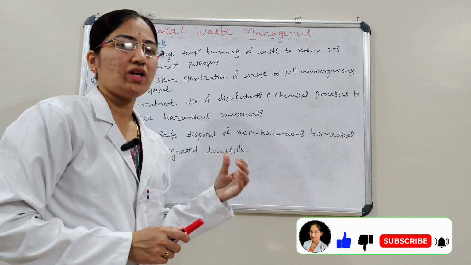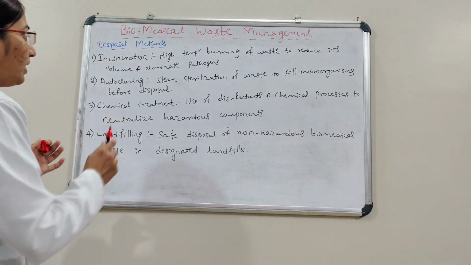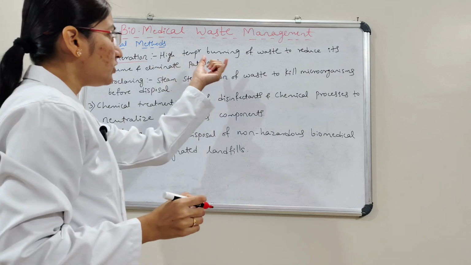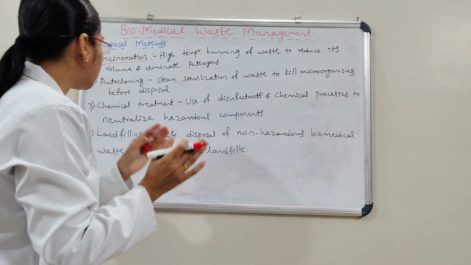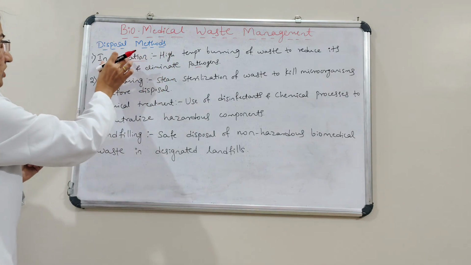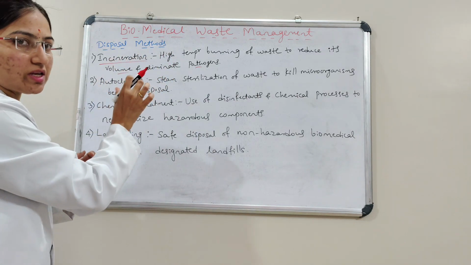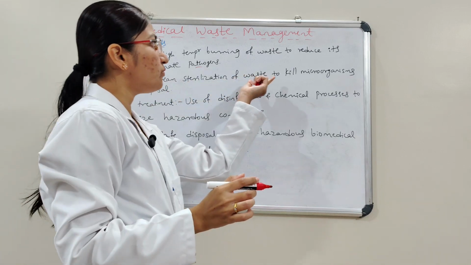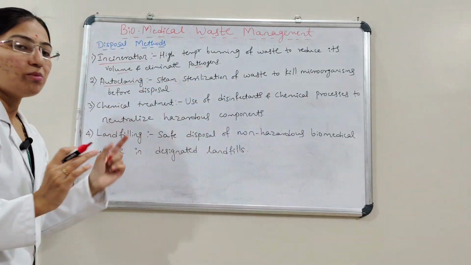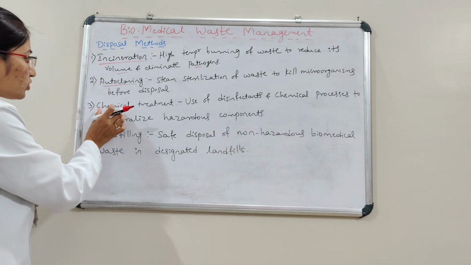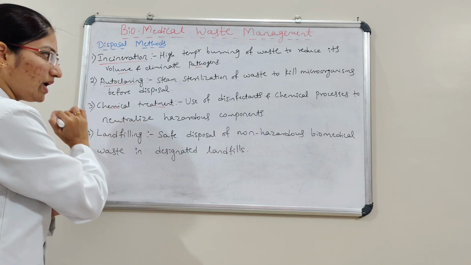We'll see waste disposal methods. First one is incineration. This is high temperature burning of waste to reduce its volume and eliminate pathogens. The second one is autoclaving. Here steam sterilization of waste to kill microorganisms before disposal. And then comes the third one, that is chemical treatment.